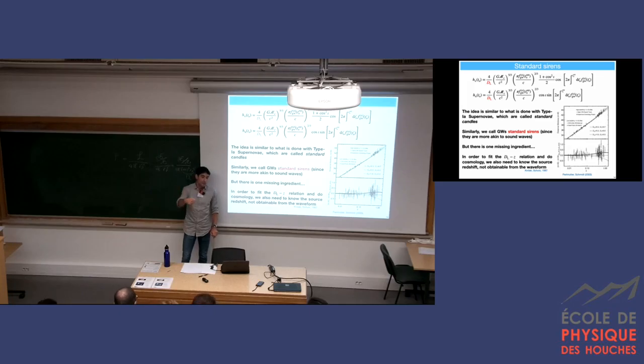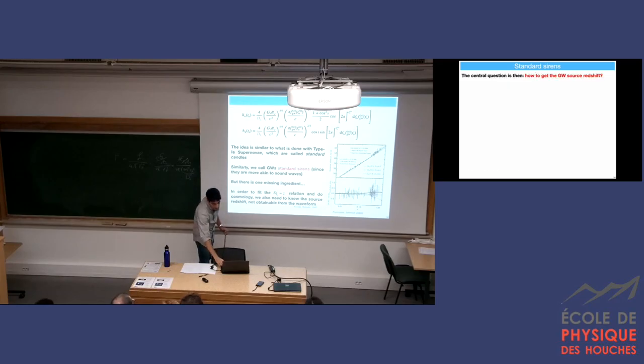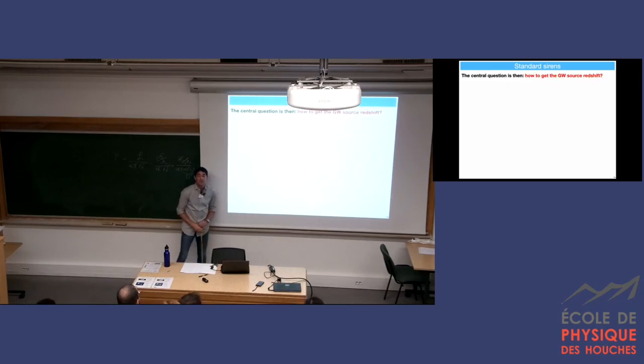Those are quantities derived from the detector frame mass divided by the necessary factor of 1 plus z, assuming a cosmology. So the redshift is something that we cannot get. And then the question is, how do we get the GW source redshift?